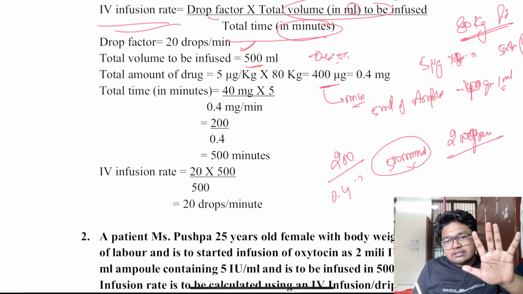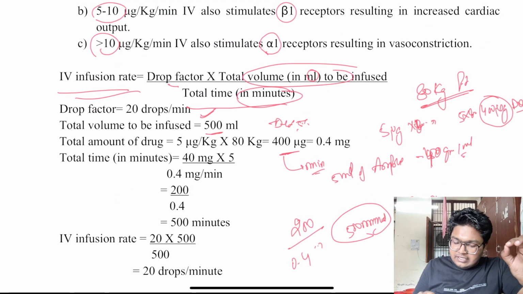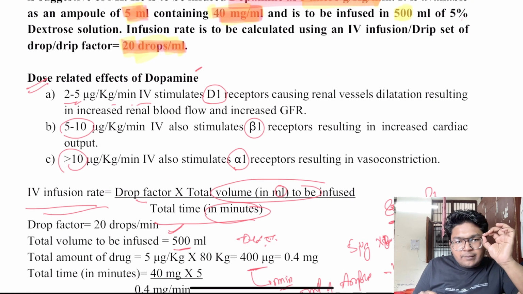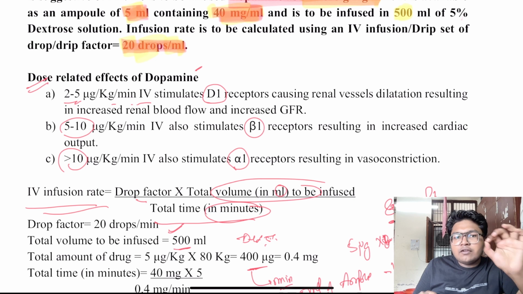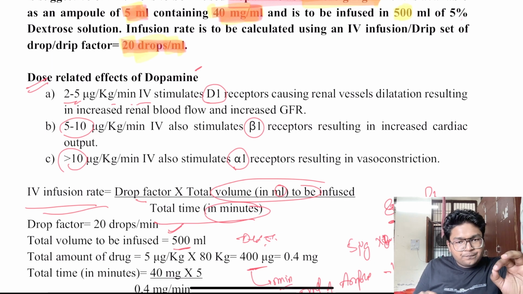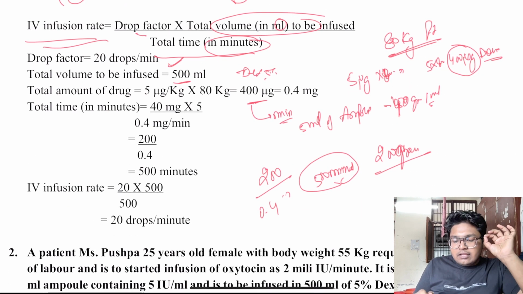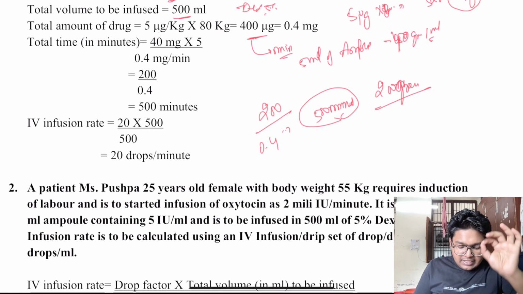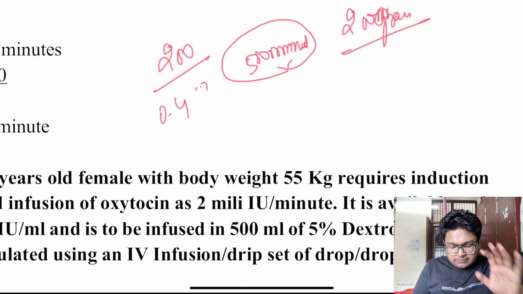In 500 minutes, at 5 microgram per kg per minute, the patient will consume the 5 ml ampoule of 40 milligram per ml solution. Let's repeat: 0.4 milligram solution is going to the patient per minute, and we have a total of 200 milligram, so we will require 500 minutes total time.